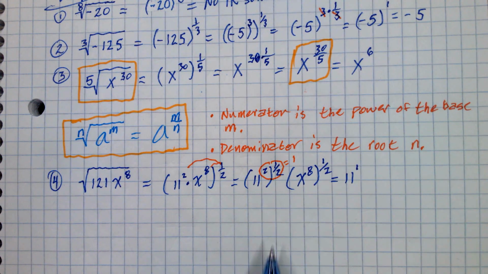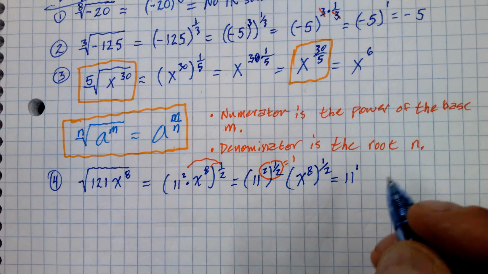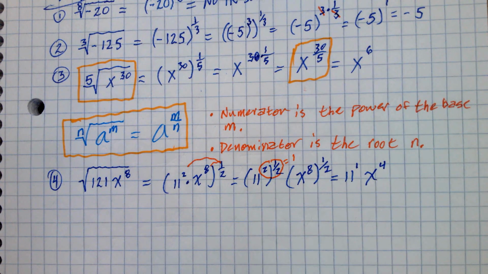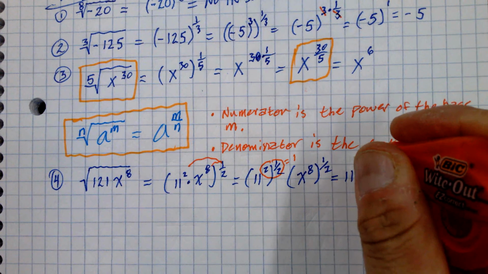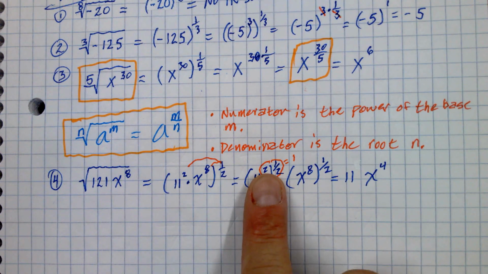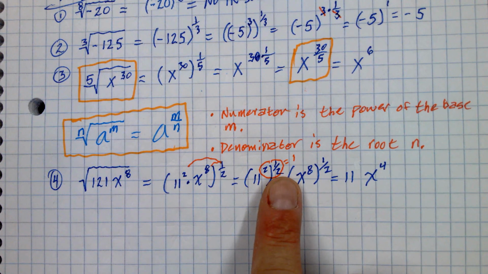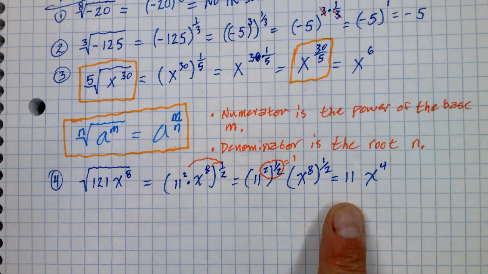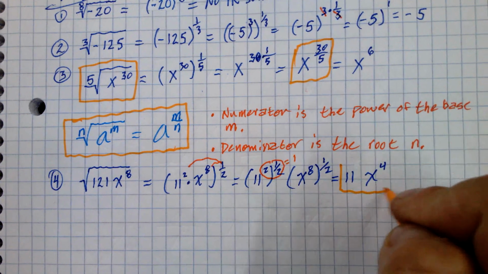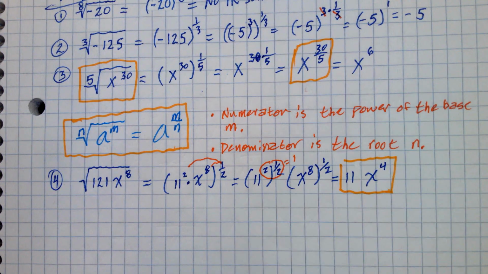What's 8 times 1/2? 4. So I don't need that 1 power. 11 to the 1 is just 11. So my answer is 11x to the 4th. Okay?